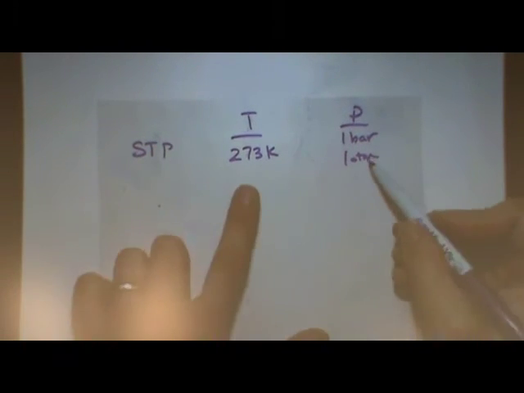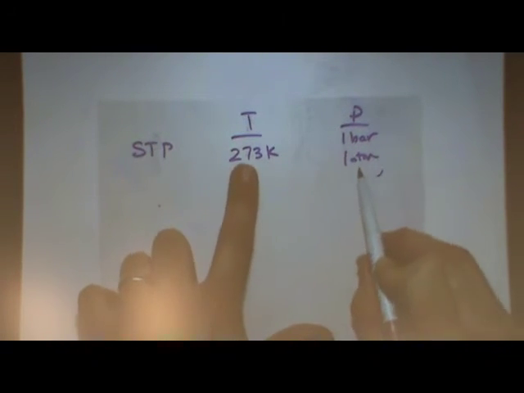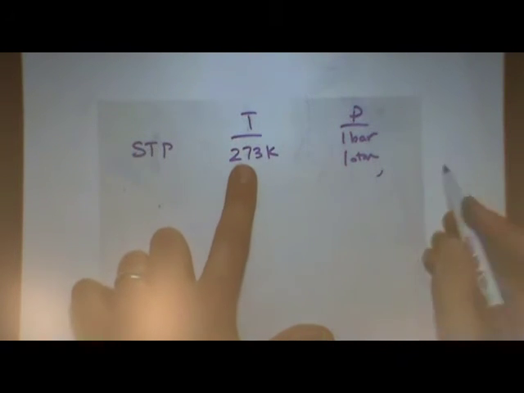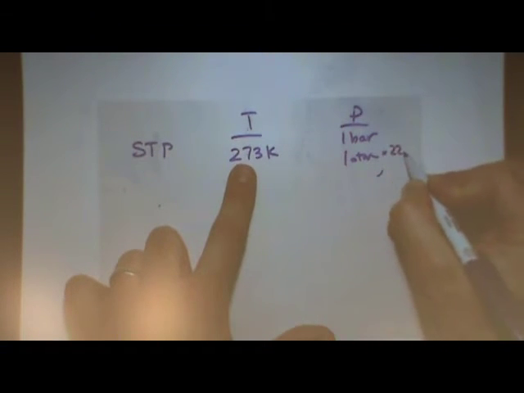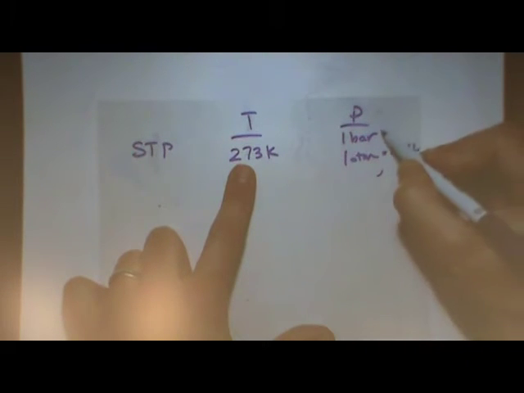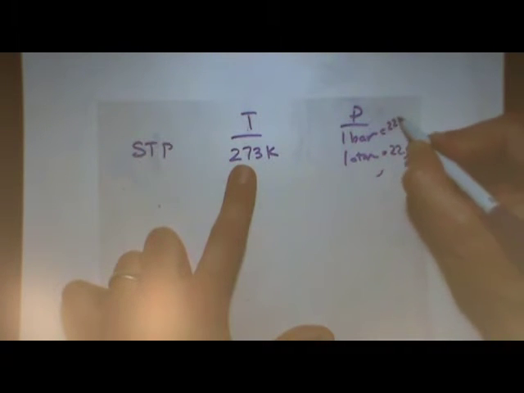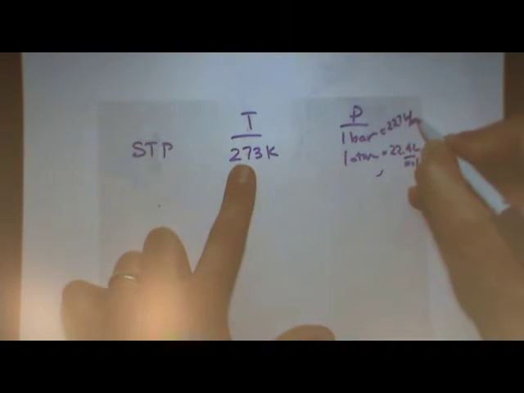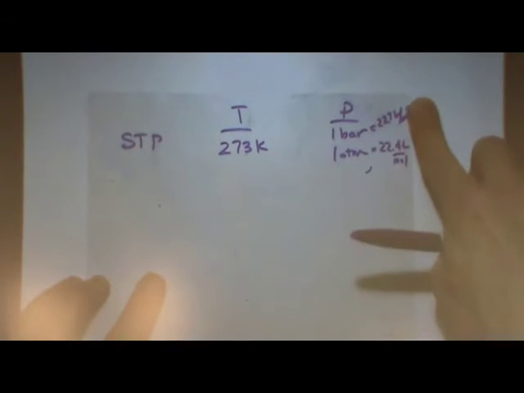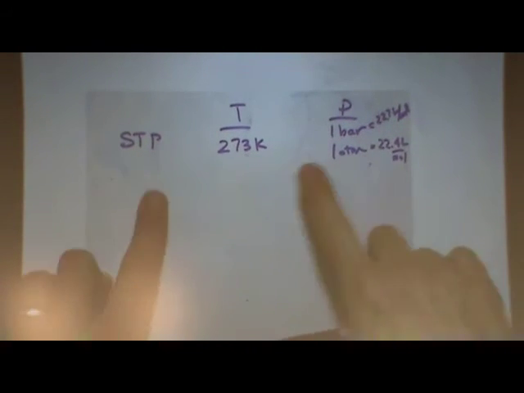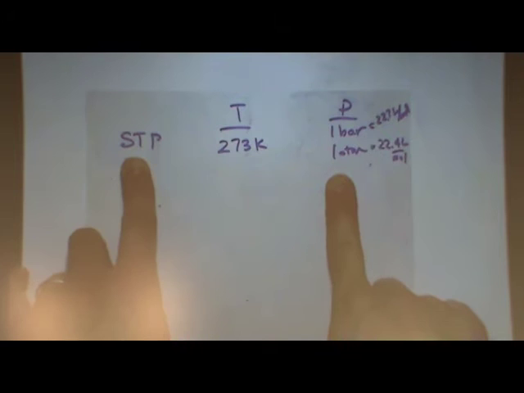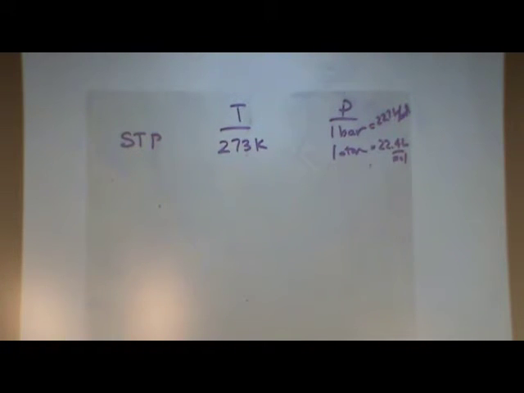According to Zumdahl, your textbook, it uses the bottom pressure, which forces the 22.4 liter per mole conversion. But the technical standard right now is the top one, which is the 22.7 liters per mole. So if I say STP, I'll also give you the pressure, just to be super clear. Okay?